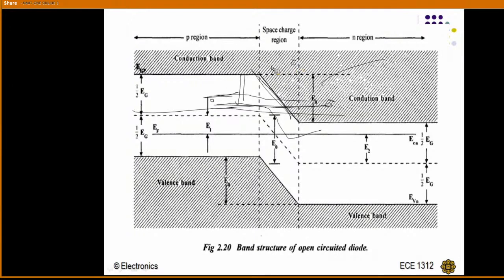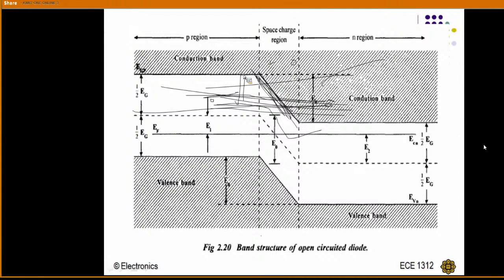That is how in the depletion region, one electron and one hole are recombined. The remaining electrons on the n side are not able to move. There is a barrier, and this barrier is obstructing the movement. Will they move freely from n to p or p to n?